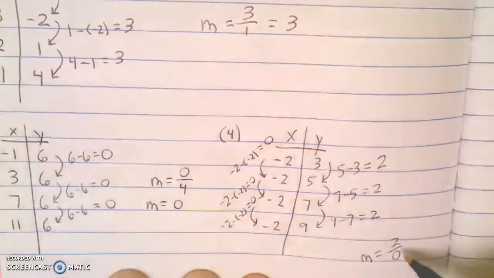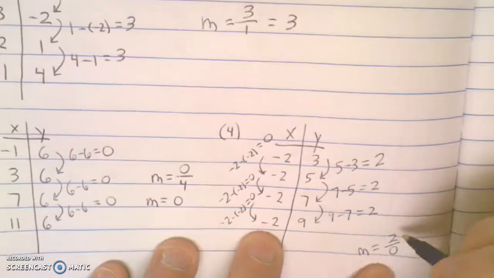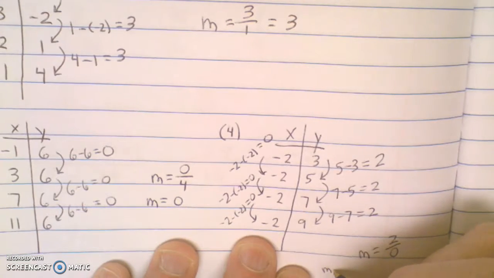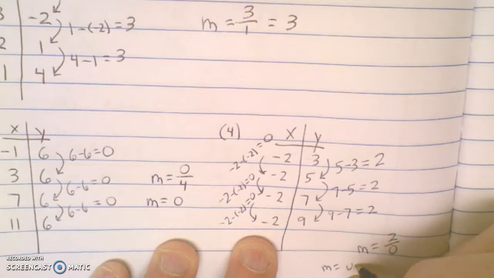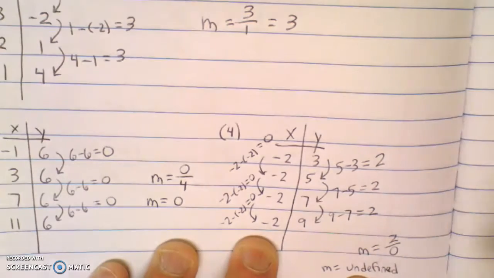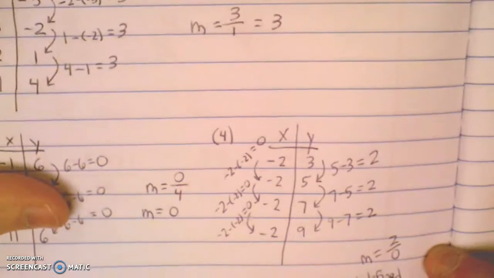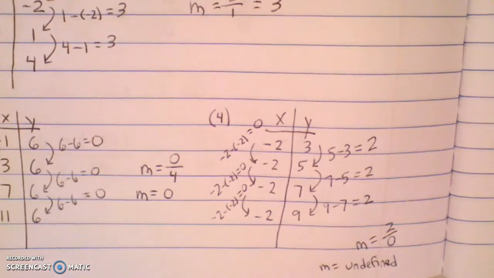So I have 2 over 0. Remember, we can't divide by 0, so the slope here is undefined. And that's calculating slope from a table.